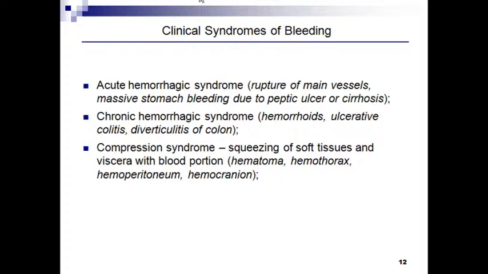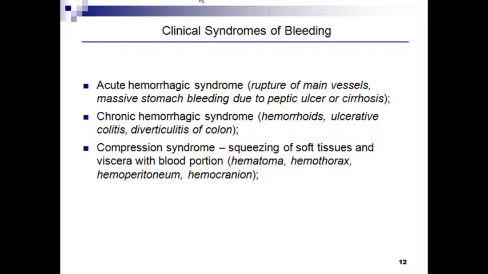For example, we can see the chronic hemorrhagic syndrome in hemorrhoid piles, or ulcerative colitis or diverticulitis of the colon. So, in chronic diseases. Acute hemorrhagic syndrome is present in acute states, in very dangerous states. Chronic syndrome is present in chronic disease.